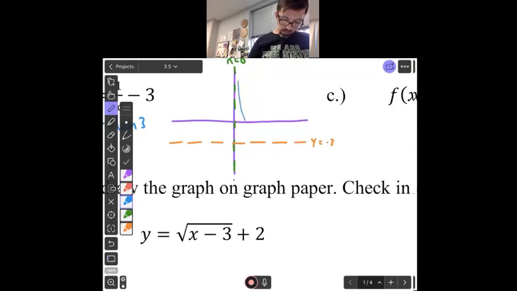Curve. Make sure you're curving. Don't make an angle. It's a curve. Curve down towards the other asymptote. Don't touch it though. And in the bottom left corner, we do the same thing. So the graph should look like that.